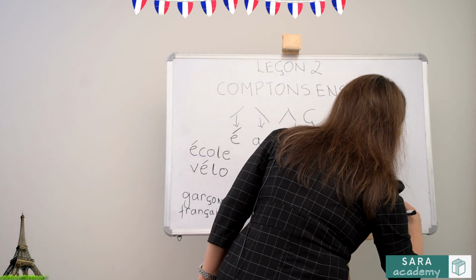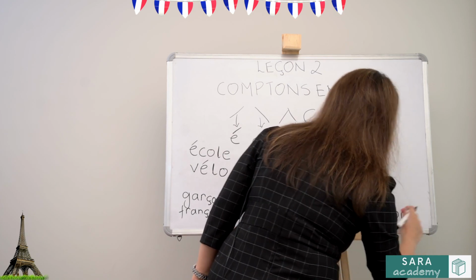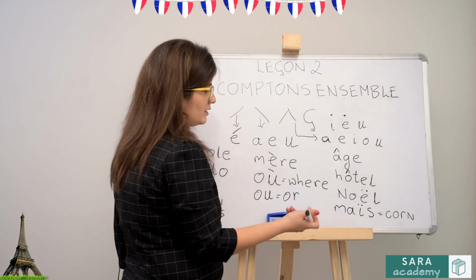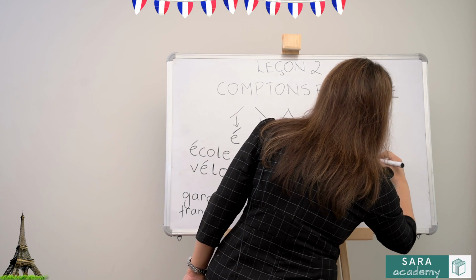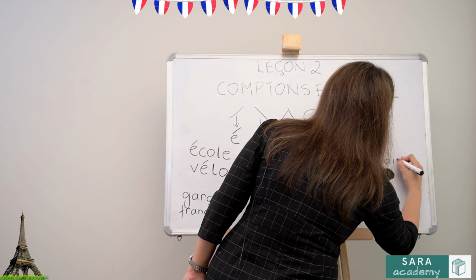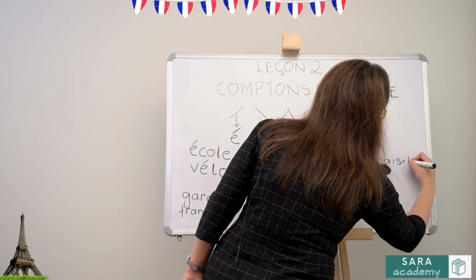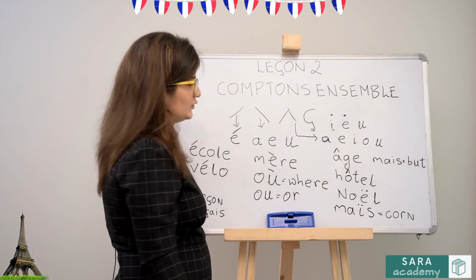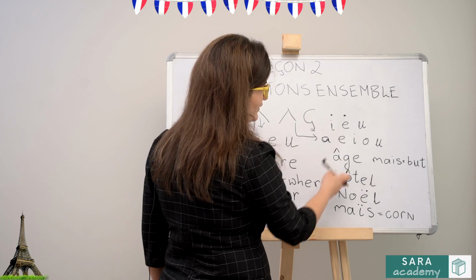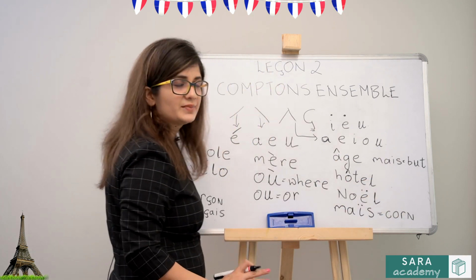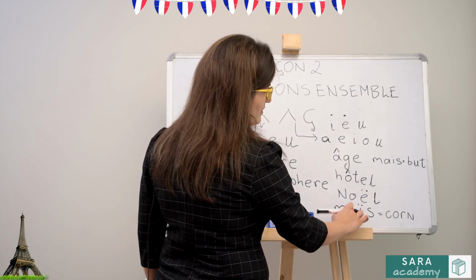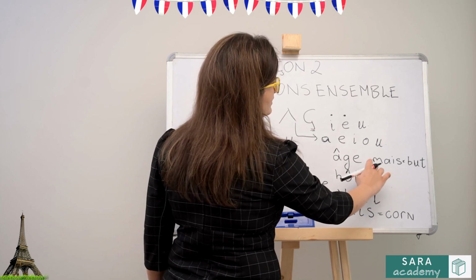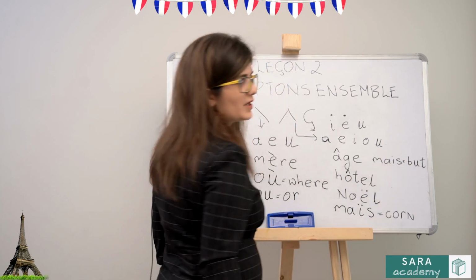The corn that we eat, American corn. Now there's one more word in French which is M-A-I-S without the accent. This means but. So remember, just the difference of an accent and the meaning changes completely. This is corn, M-A-I trema S, and this is M-A-I-S, mais, which means but.